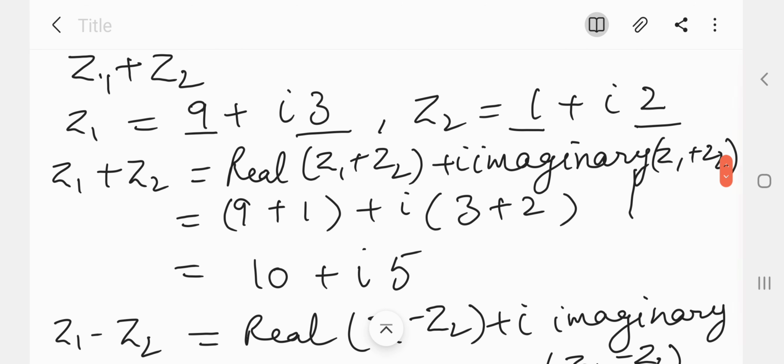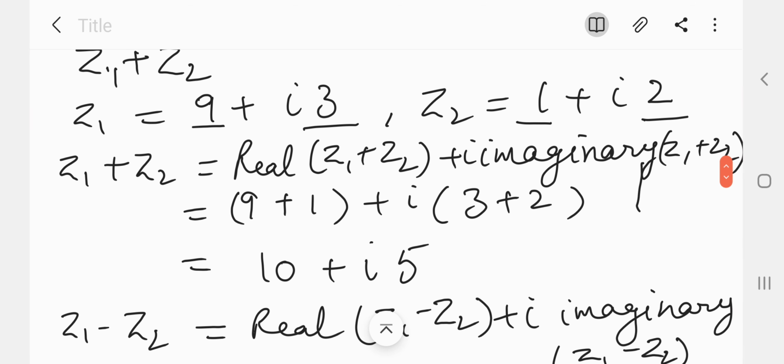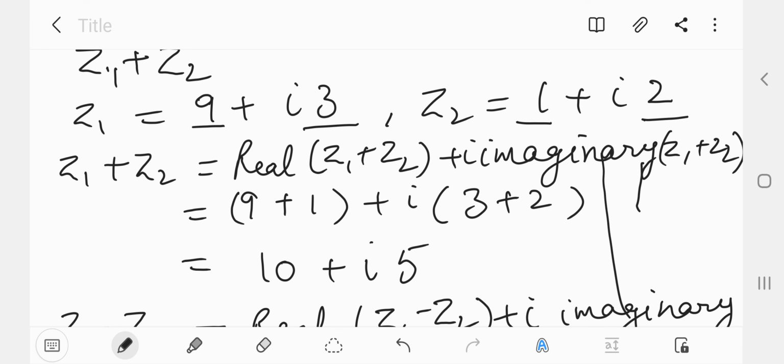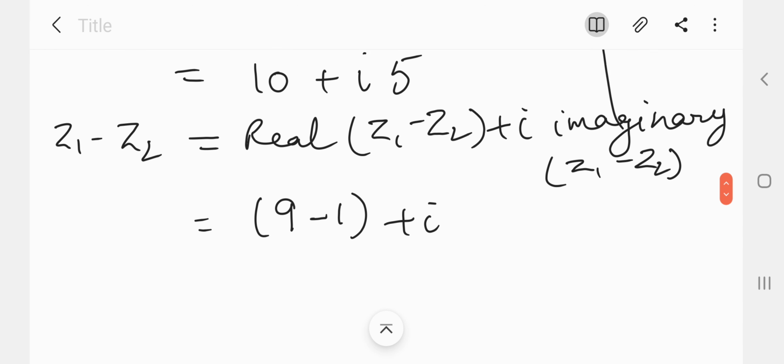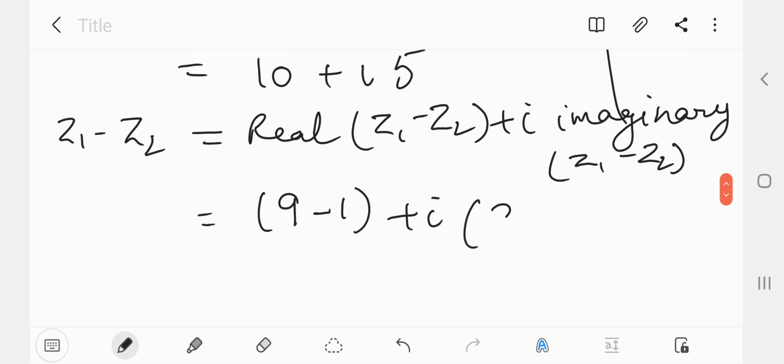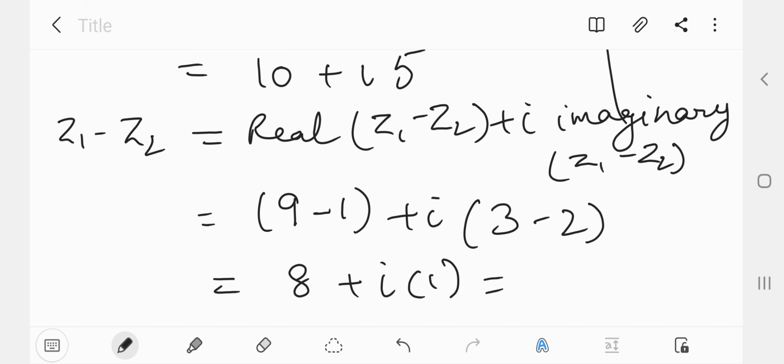Imaginary part of z1 is equal to 3 and of z2 is equal to 2, then 3 minus 2. So 9 minus 1 is 8, plus iota, since 3 minus 2 is 1. Then the answer is 8 plus iota.